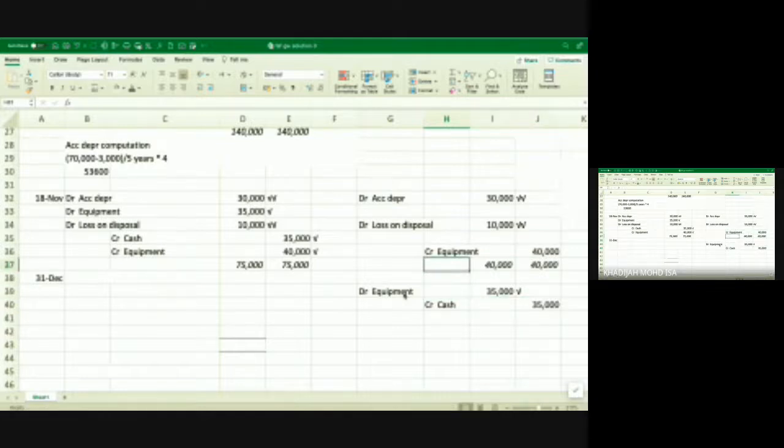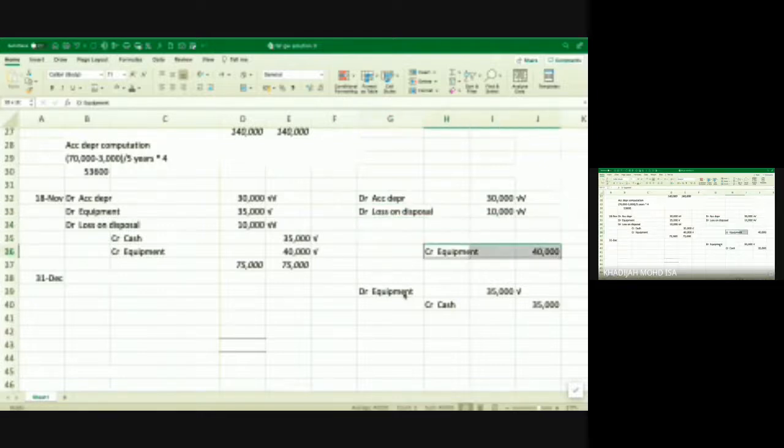And then what is this 40,000? And that's how I get the disposal. You have equipment 40,000 and then accumulated depreciation of 30,000. You don't actually receive anything for that.